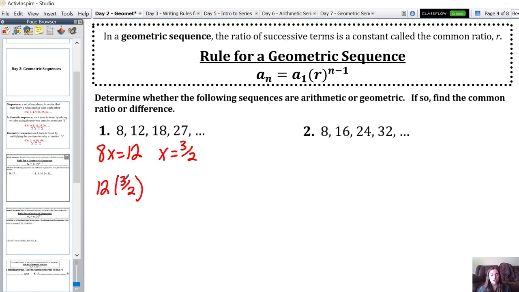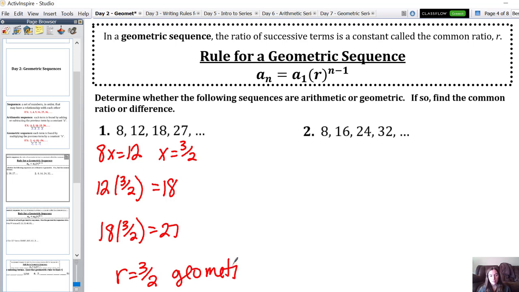So 12 times 3 is 36, divided by 2 is 18. So far that 3 over 2 looks good. For 18 to 27, 18 times 3 over 2, 18 over 2 is 9, times 3 is 27. So here we're multiplying by 3 over 2 every single time. So our common ratio is 3 over 2, and this is geometric.